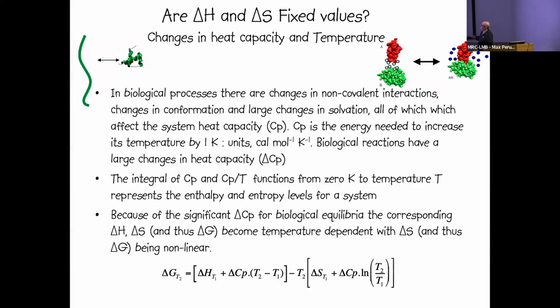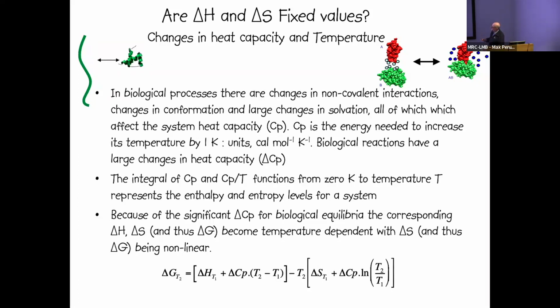Heat capacity is just the energy that you need to put into the system to increase its temperature by 1 degree. So obviously the units are calories per mole per degree. Biological reactions mostly all have large changes in heat capacity.